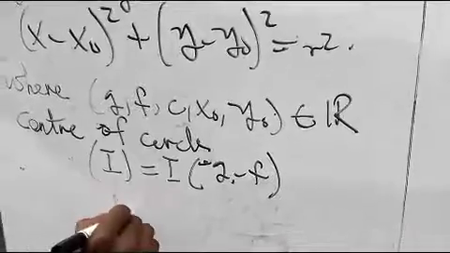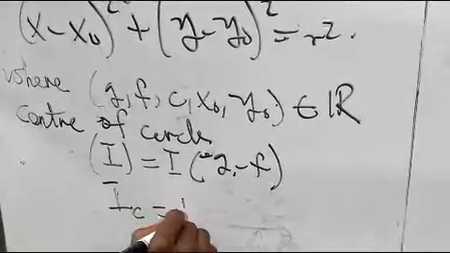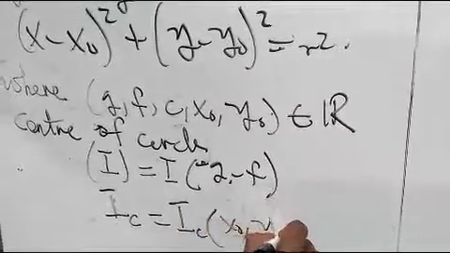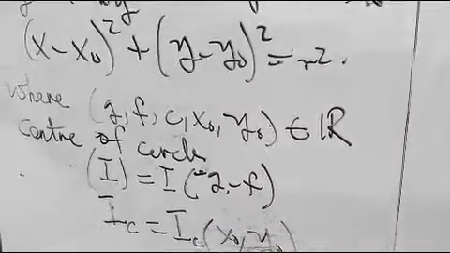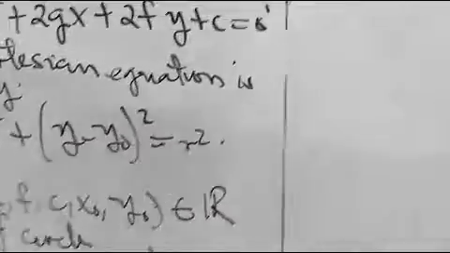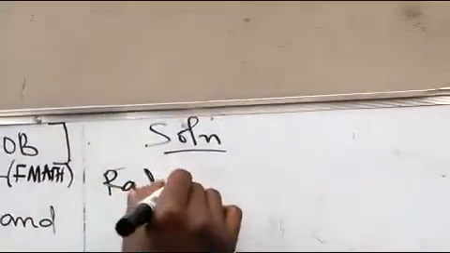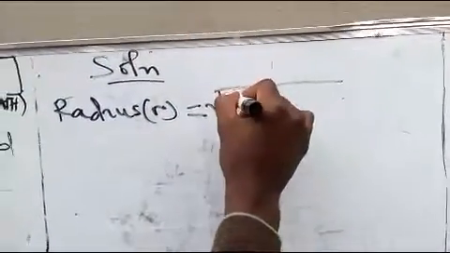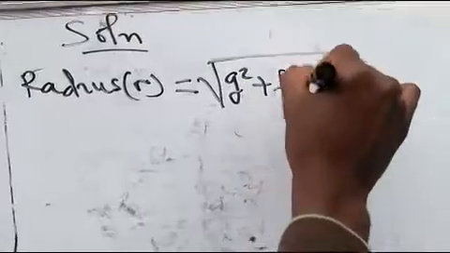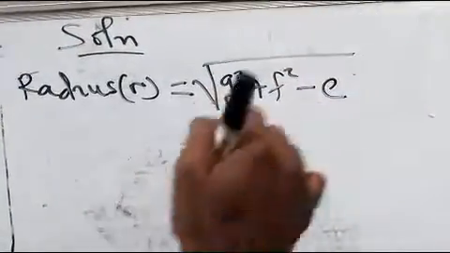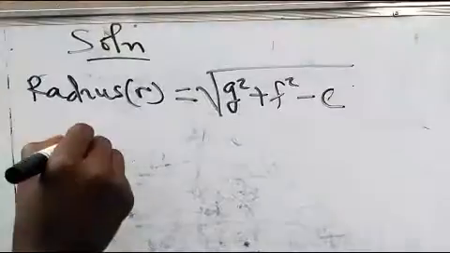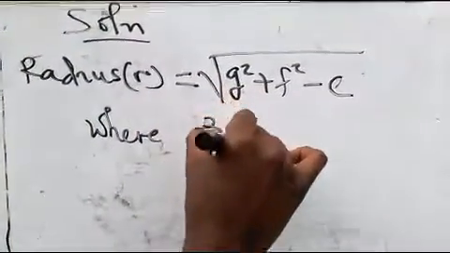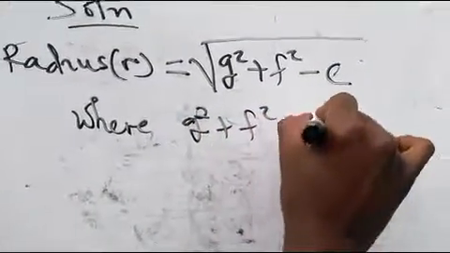And for the Cartesian form, the center is given as (x naught, y naught), and the radius of the circle r is given as the square root of g squared plus f squared minus c, where g squared plus f squared is greater than c.